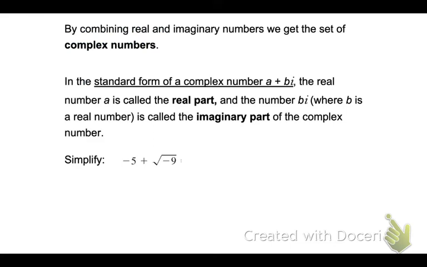Okay, a complex number. I need to rewrite these. A complex number in standard form is A plus BI. When you write a complex number, it has to have a real part and an imaginary part. A is the real part and BI is the imaginary part. B is not imaginary on its own.